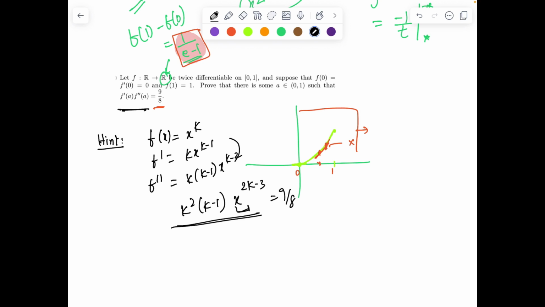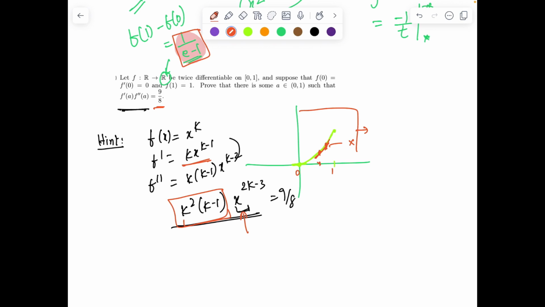Well, so what are the possibilities for k to guess? If I exclude this part, what function should I guess to get these values? Well, I want f of 1 to be 1, that's obvious, f of 0 is obvious, f dash of 0 is 0, that's also obvious.